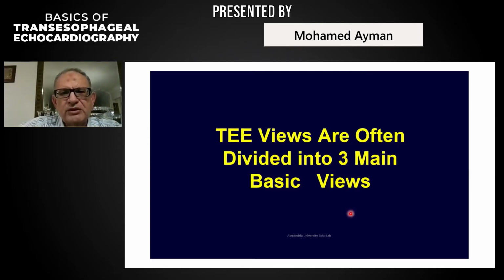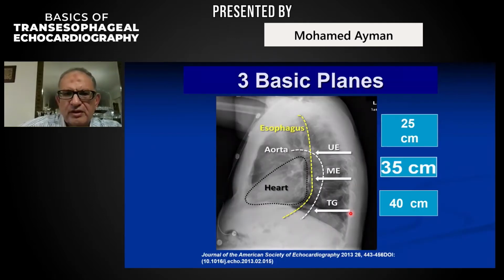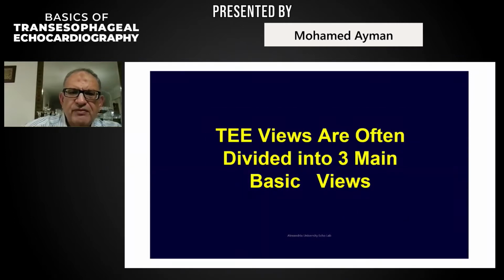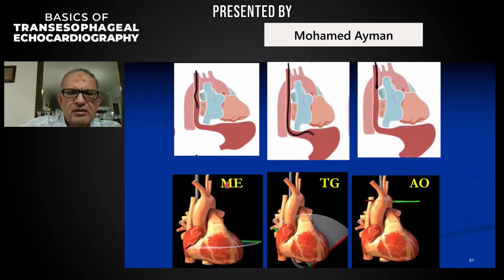Going to the TEE views, they are often divided into three main basic views: the mid-esophageal, the transgastric, and the aortic views.